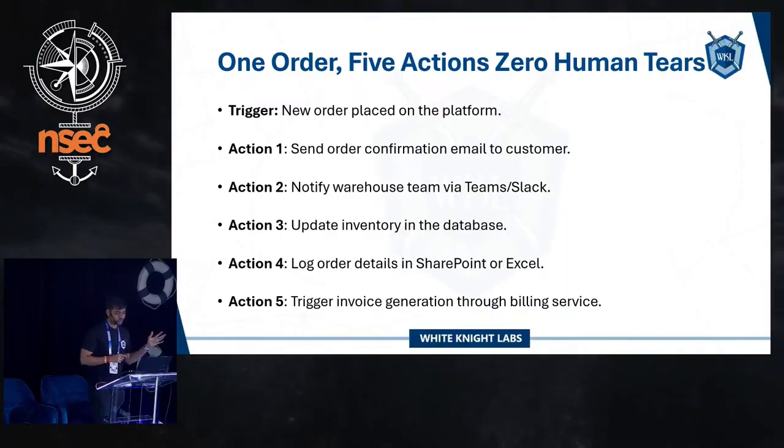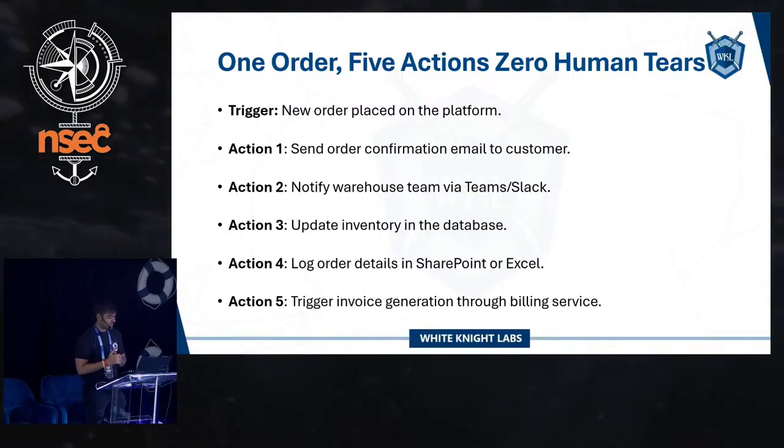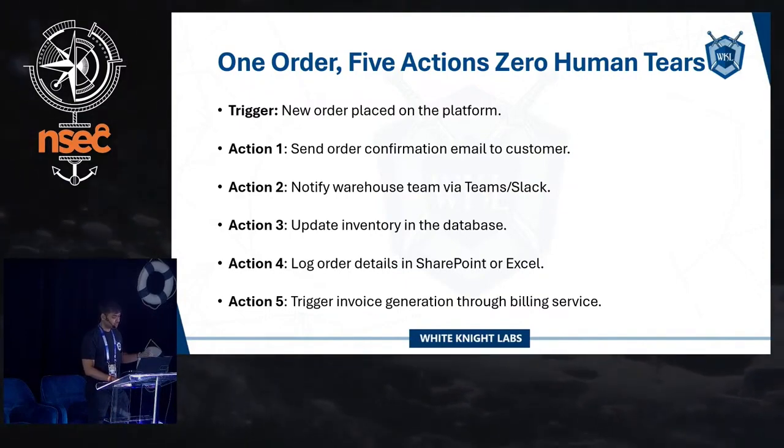In the second, you just notify your warehouse team via Teams, Slack, Discord, or whatever channels you are using. Then update the inventory in the database. You can integrate your Cosmos DB, your SQL database, whatever database you have, and maybe update the Excel files, and yeah, you can create the billing stuff as well. So that was just an ideal use case of the workflows.